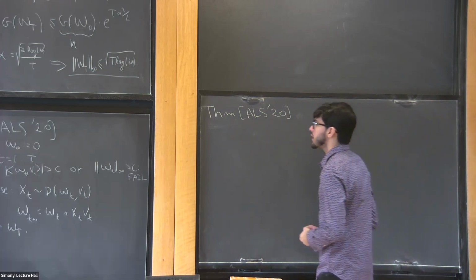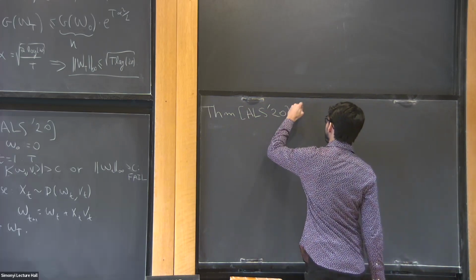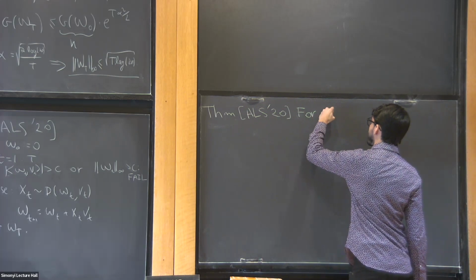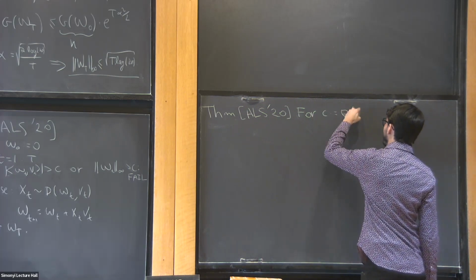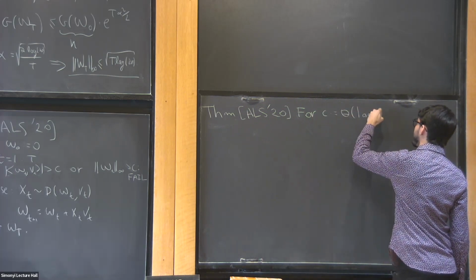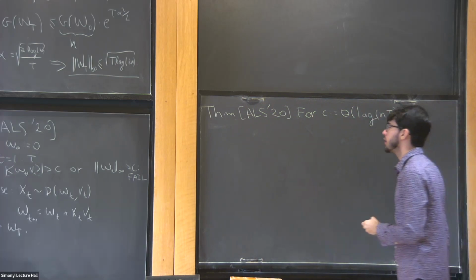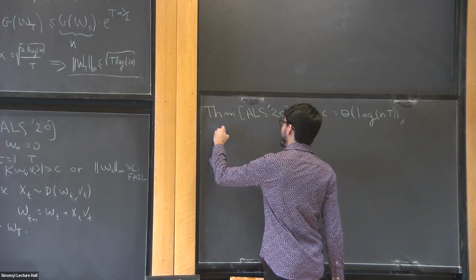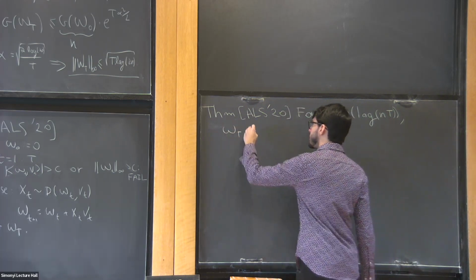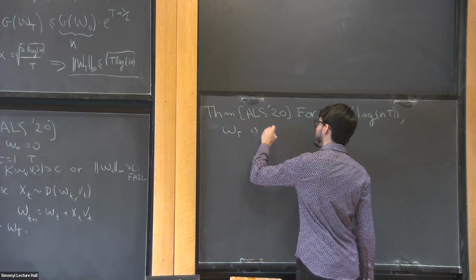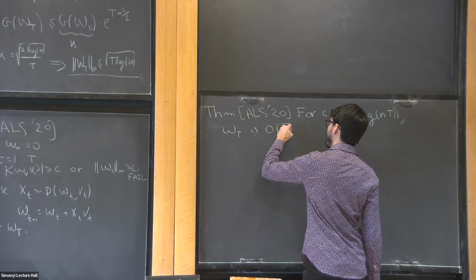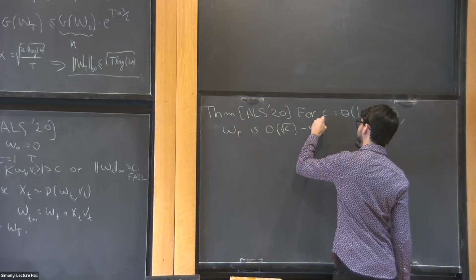What we're going to say is that for a choice of C that looks logarithmic in the input, this output is C-sub-Gaussian.